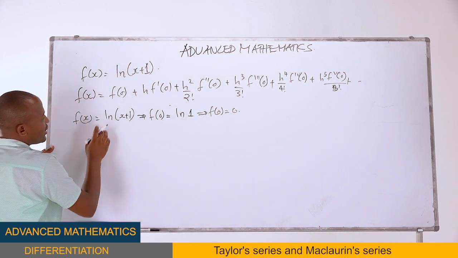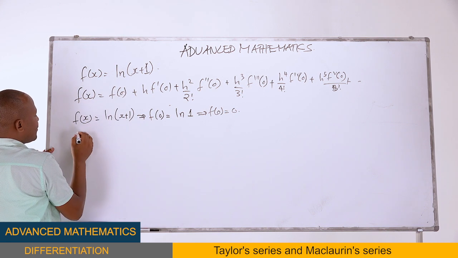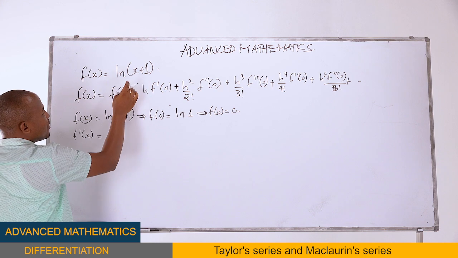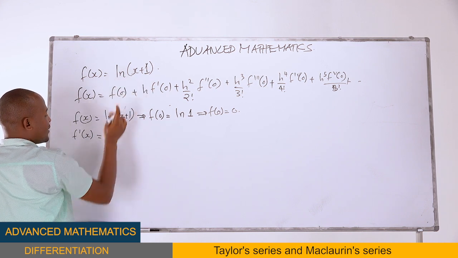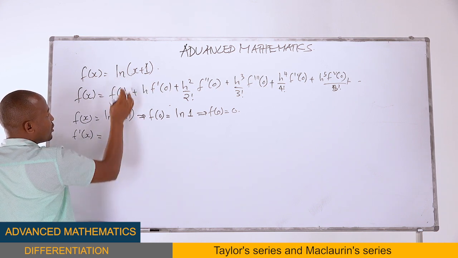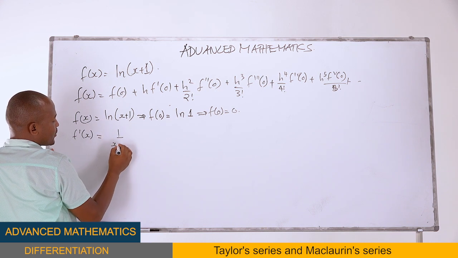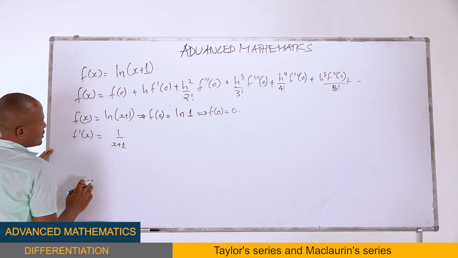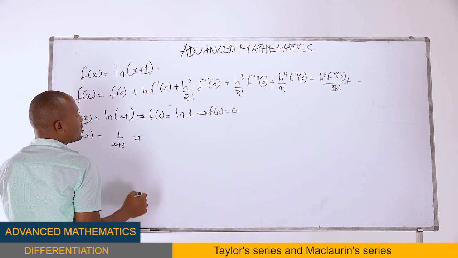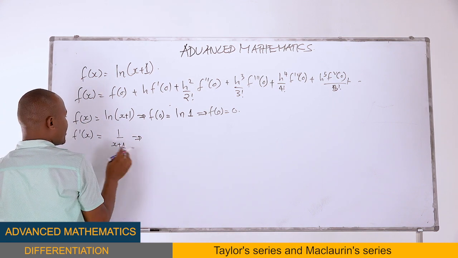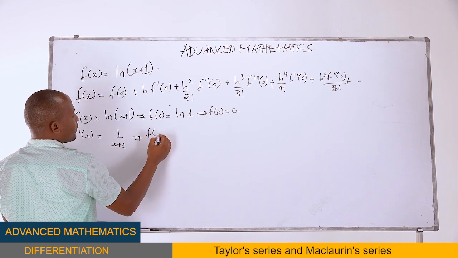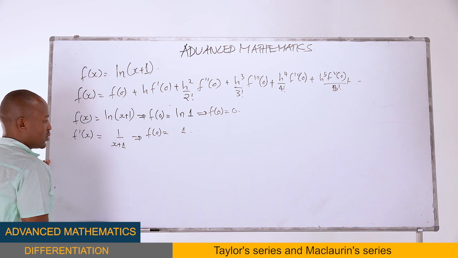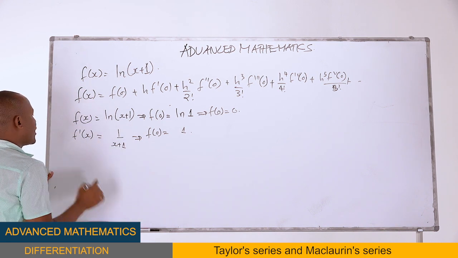Let's go to the next one. We have the first derivative. So how will it look? Remember, this is a function of a function. That means, first of all, we differentiate that, and differentiating that thing inside, it will be the same like that. So trying to check for that, if we put there 0, it will be equal to 1. Then it will be 1 over 1, and then it is 1.